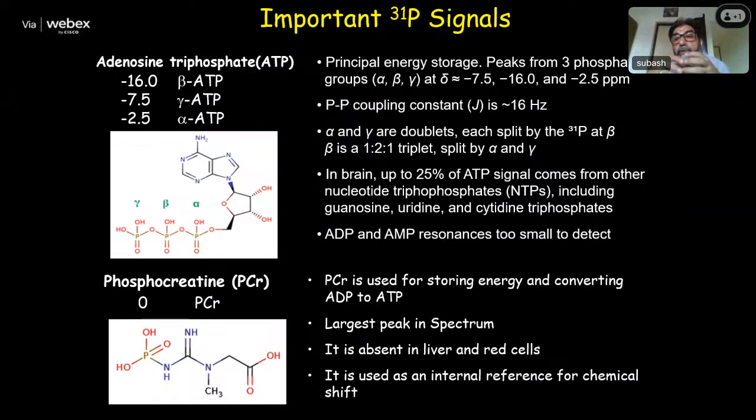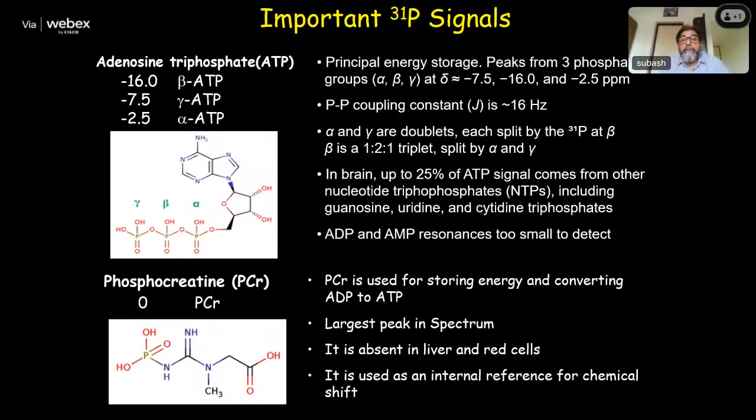ATP breaks down to give you PCr and ADP, and when your muscle works, phosphocreatine, which is a buffer of energy, is utilized for the muscle to function. J coupling for phosphorus to phosphorus is about 16 hertz. So you will have these peaks 16 hertz away from each other whenever you have doublets or triplets.